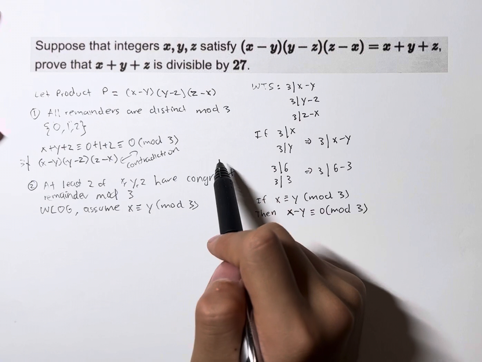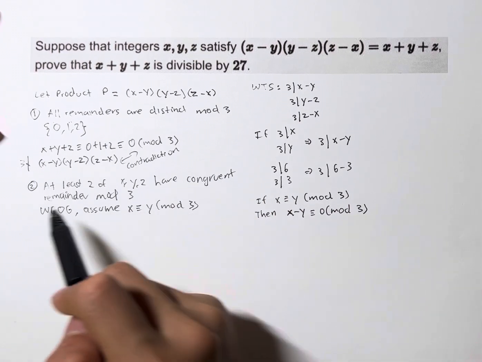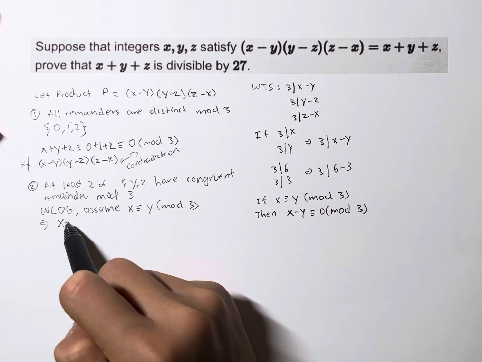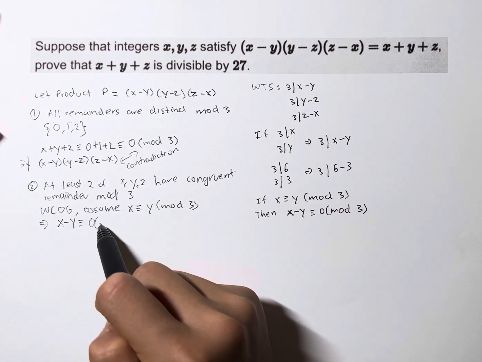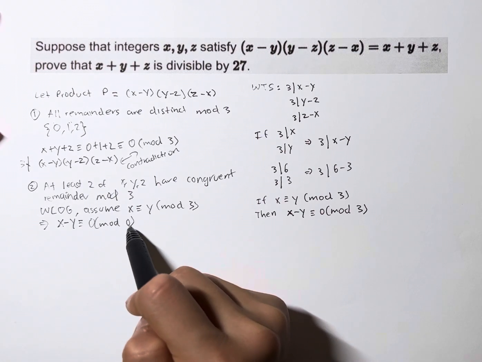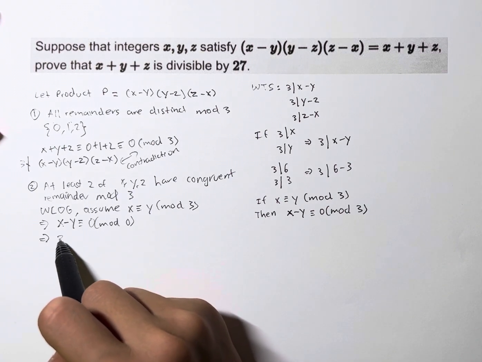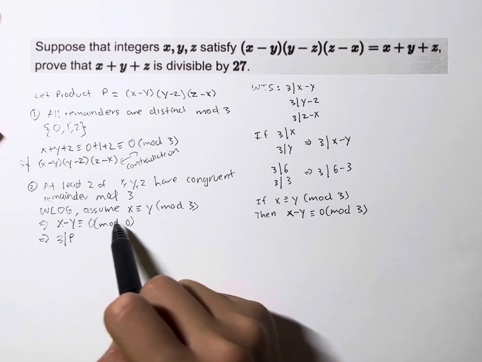Then, using this, we get that x minus y is congruent to 0 mod 3. So then since x minus y is a factor of P, 3 is going to be a factor of P. Wait, it's going to be mod 3.